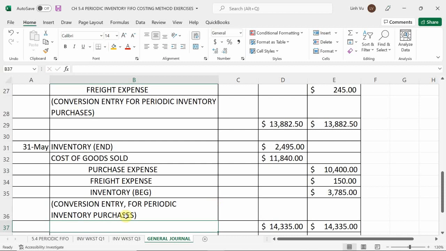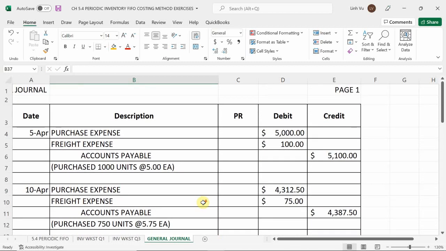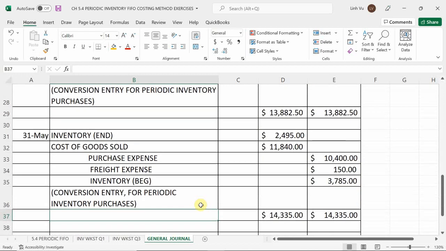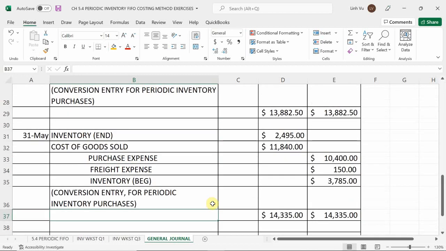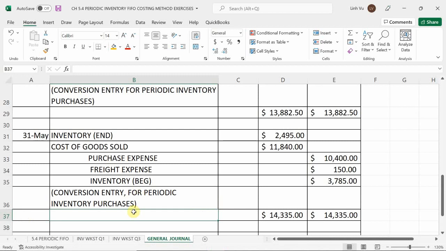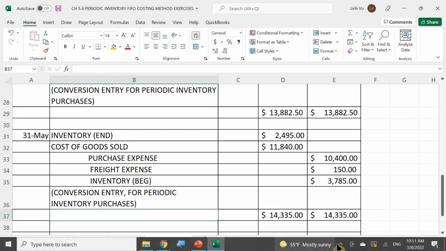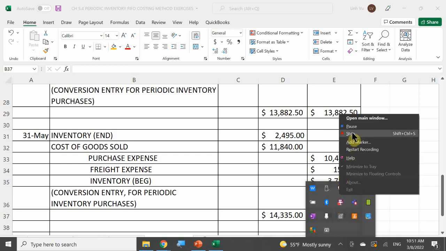Any questions at all in regards to chapter 5.4, periodic inventory, FIFO, how to journalize it, how to calculate it? Any questions? No. Okay. All right.